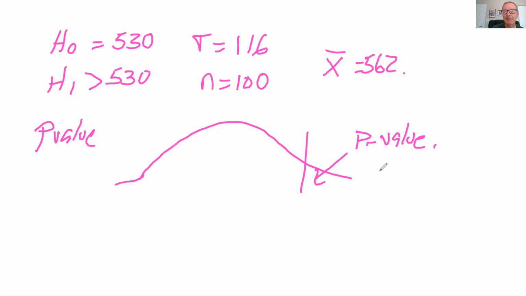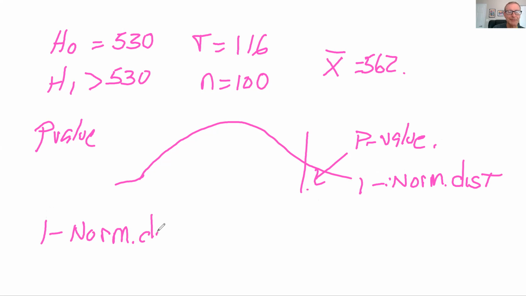Well, it's because we're going greater than, right? We're going to the right. It's going to be 1 minus the norm dot dist calculation. And when we set that up, it would be 1 minus norm dot dist.